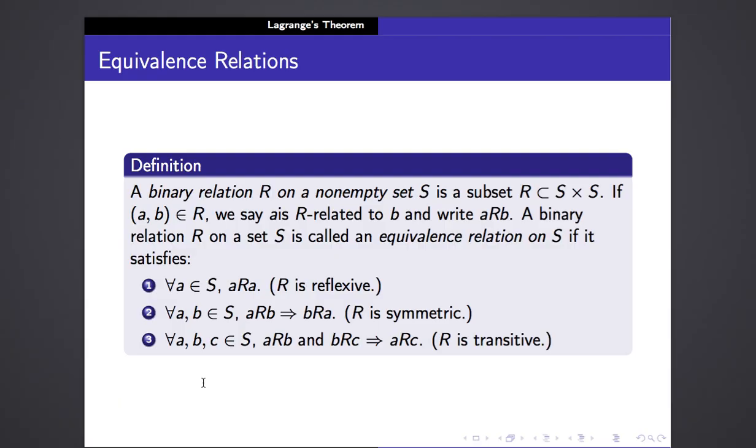So if an ordered pair (a, b) is in R, we say a is R-related to b, and write the following notation: a R b.